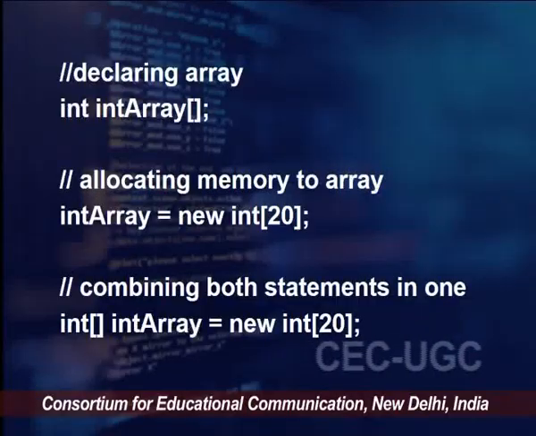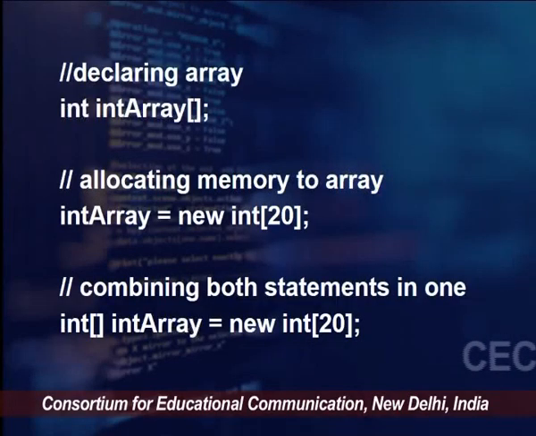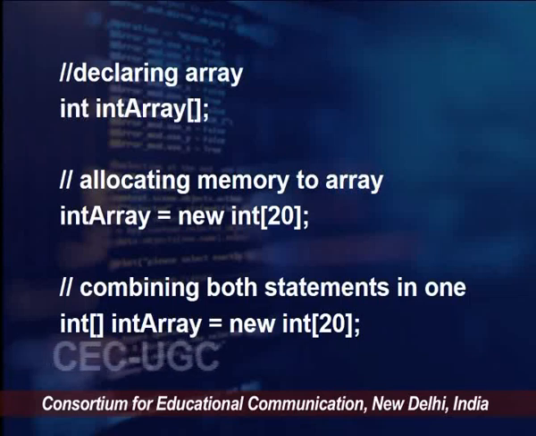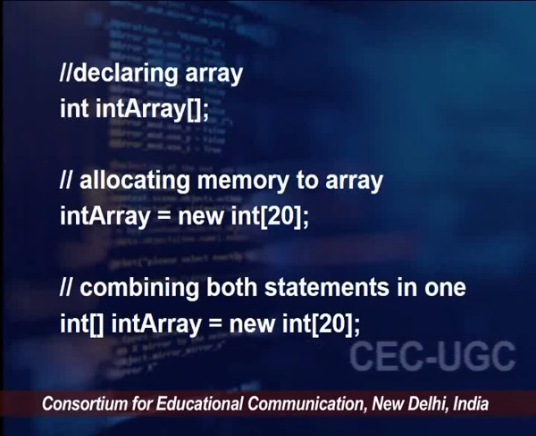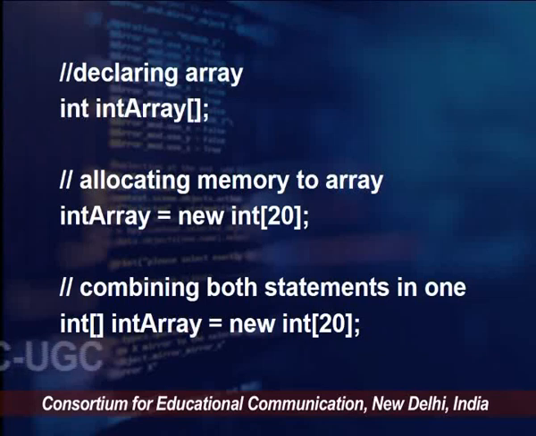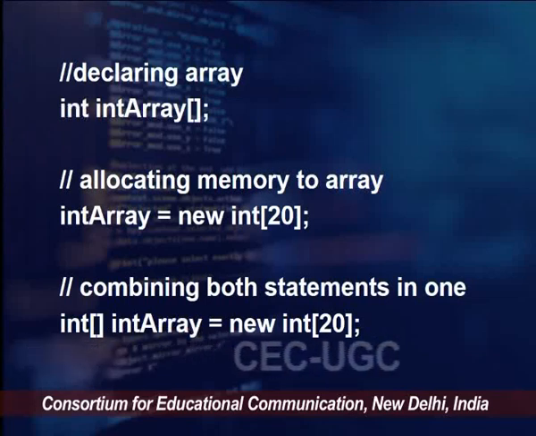Let us see this with the help of a complete example. In order to declare an array, for example, the name of the array I have taken as int array. So, int array, this is of type integer. Int array itself, in combination, is the name of the array variable, and it is of type integer.